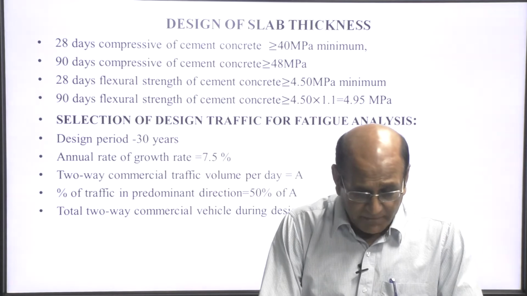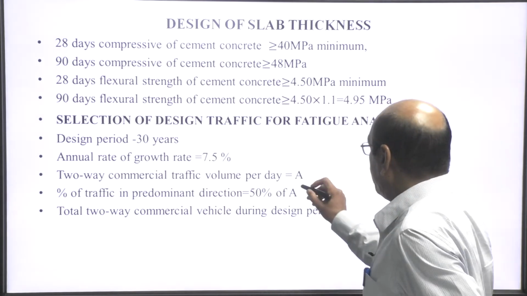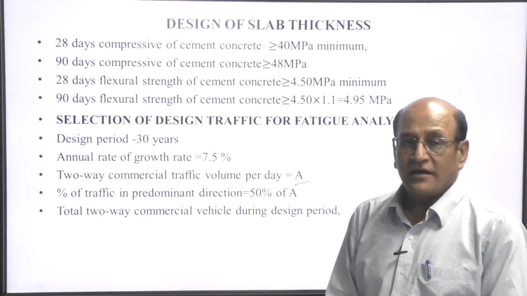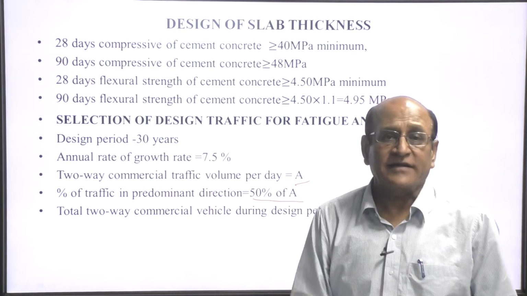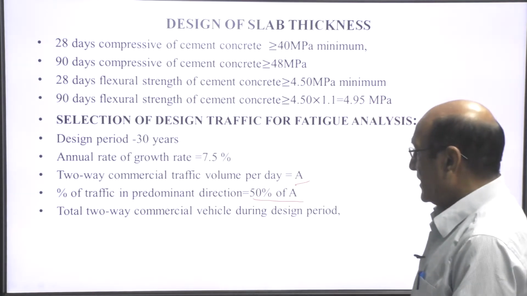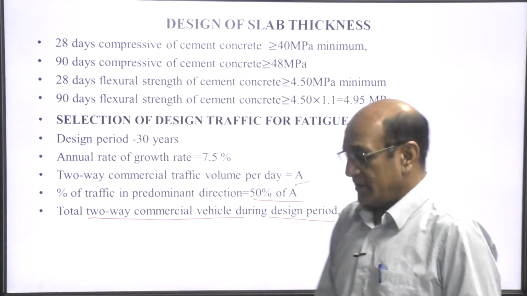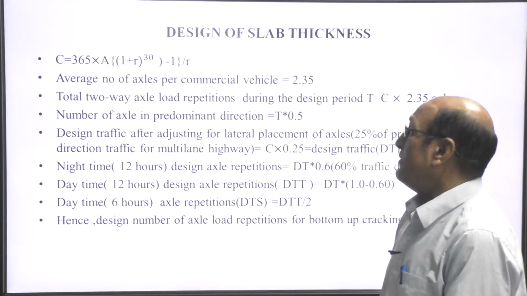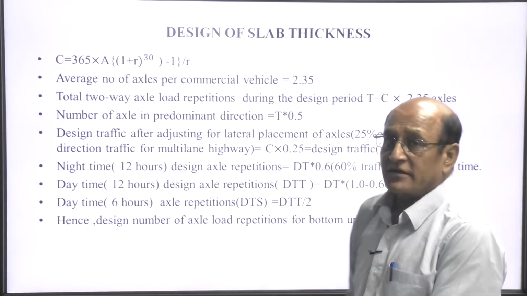Two-way commercial vehicle traffic volume per day is, suppose, A. The percent of traffic in the predominant direction is, suppose, 50% of A, meaning in both directions the traffic is the same, both are predominant. The total two-way commercial vehicles during the design period shall be C equals 365 into A into (1 plus R) to the power 30 minus 1, divided by R.